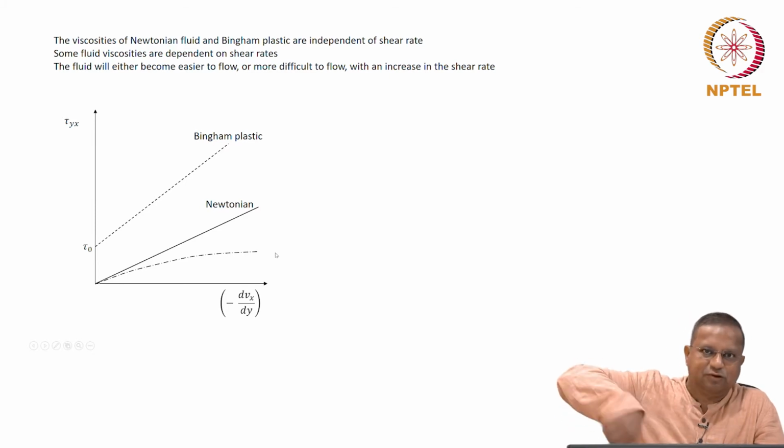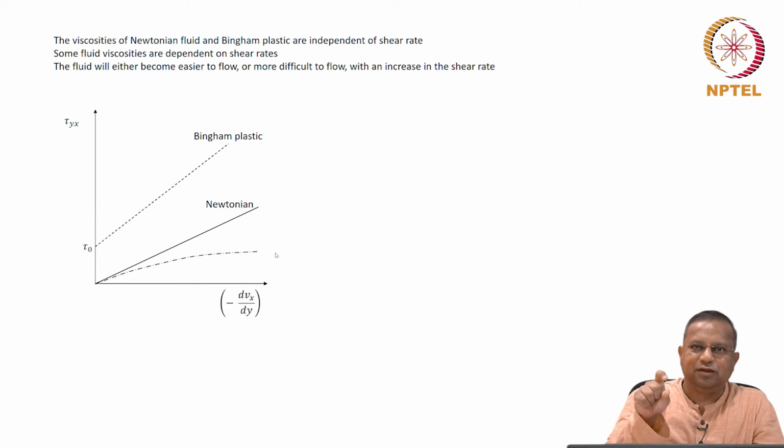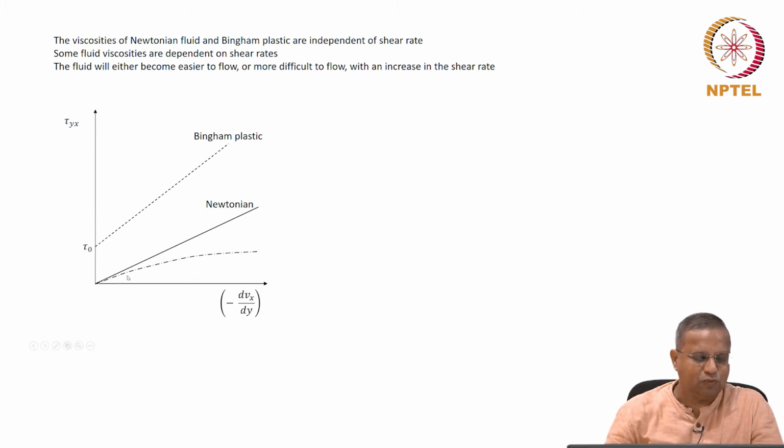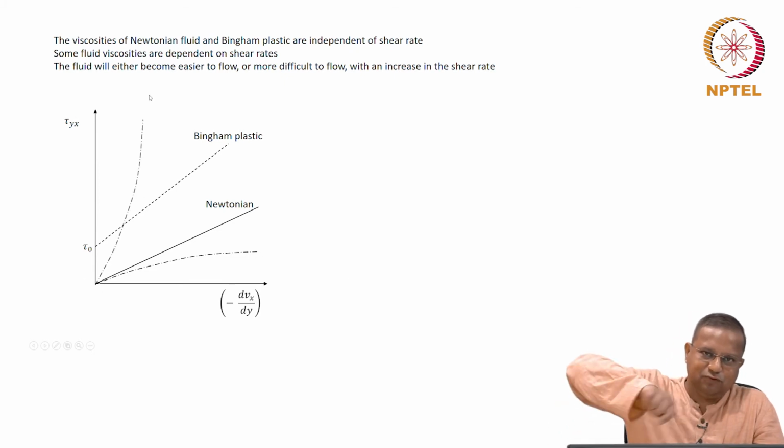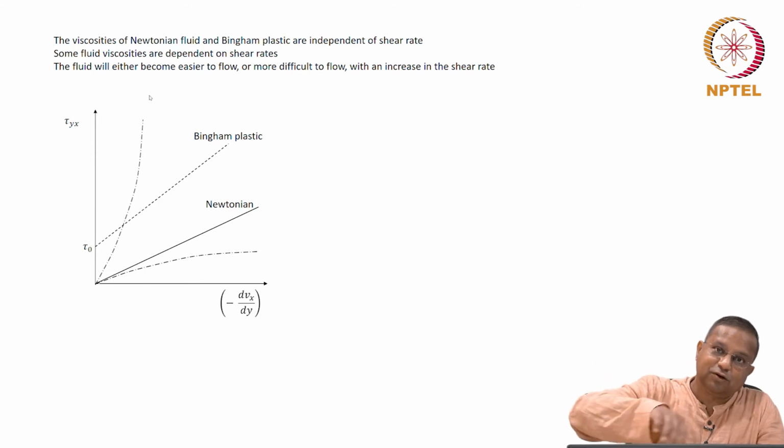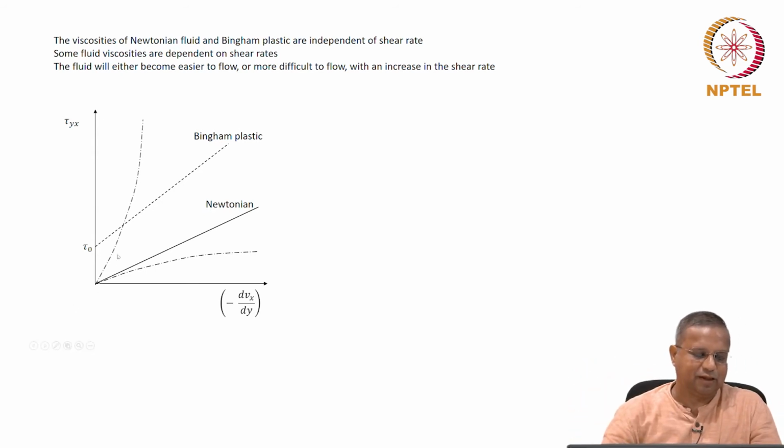So, the faster you stir, the higher the variation of velocity with distance, and lower is its proportionality with shear stress, which means it becomes shear thinning. It becomes easier to stir if you increase the speed of stirring. At higher and higher speeds of stirring, as you move in this direction, it becomes a flatter curve. It could also move in the other direction. As you stir it faster and faster, it becomes more difficult to stir, and that is represented by this curve.